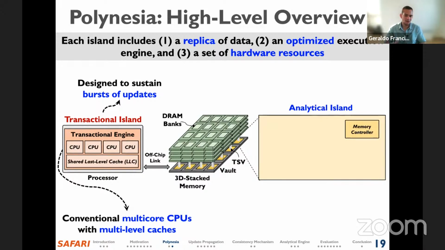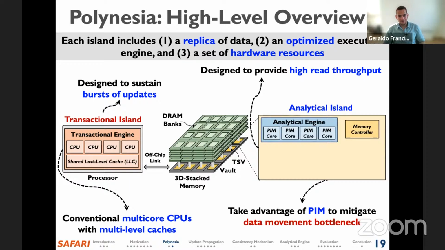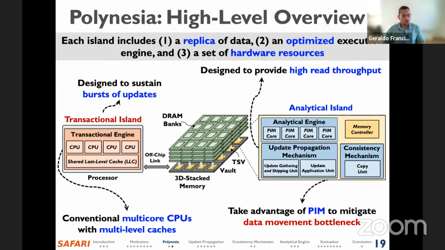The analytical island is designed to provide high read throughput. Thus, the analytical island leverages simpler processing-in-memory cores that can mitigate the data movement caused during analytical processing. We co-design algorithms and hardware units that can efficiently maintain data consistency and data freshness in our analytical islands.